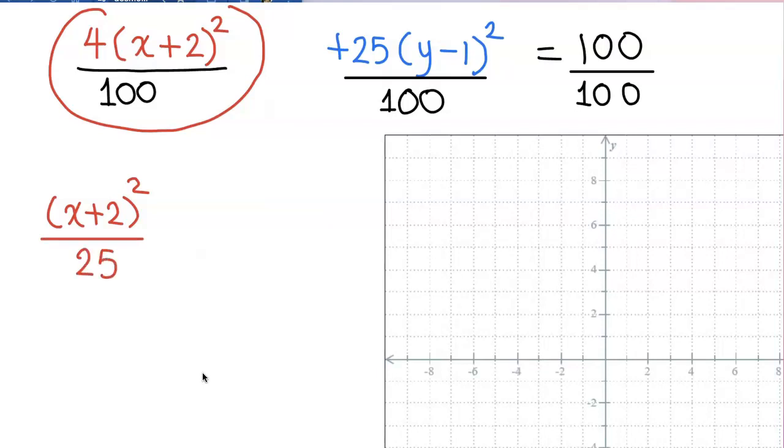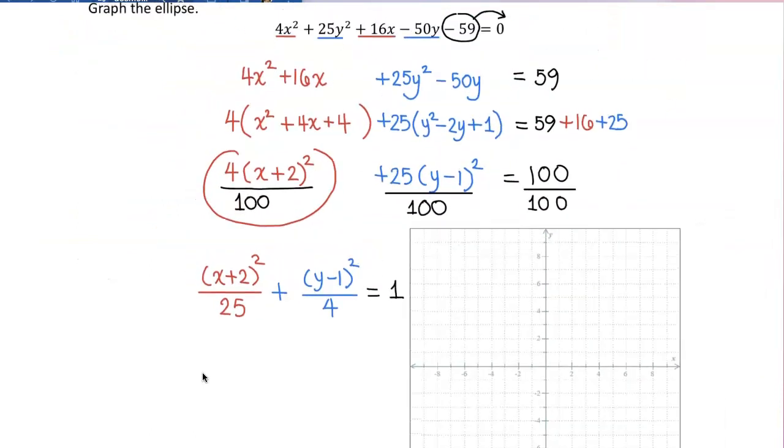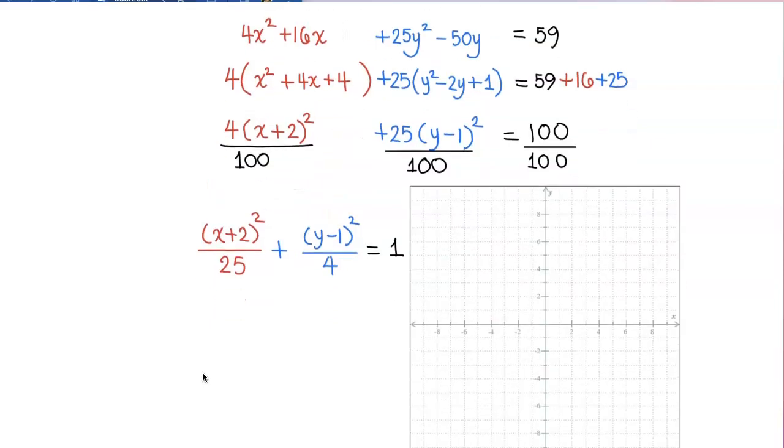Let's reduce the y fraction. You're going to get y minus 1 squared over 4. And on the other side, you are going to get 1. So finally, we have an ellipse in standard form. Okay, so that took us some completing the square work to get it into this perfect form for graphing.